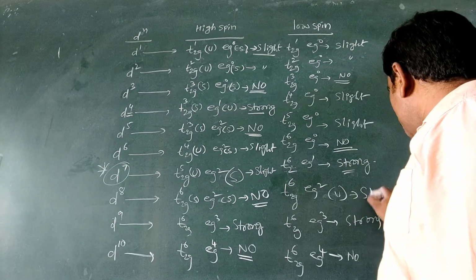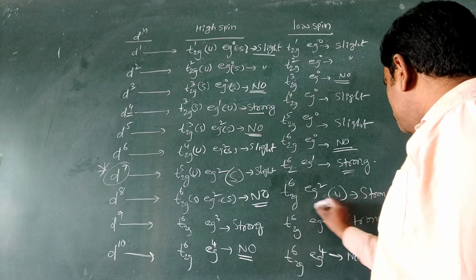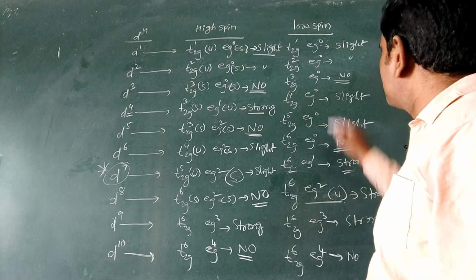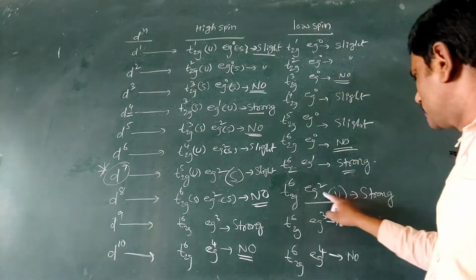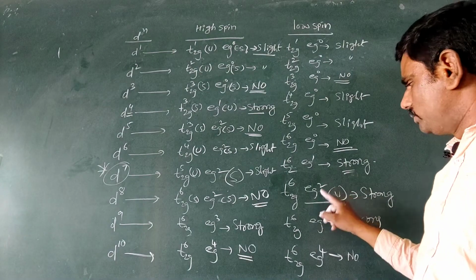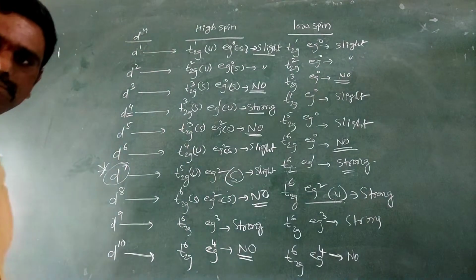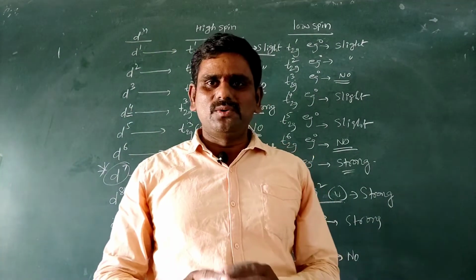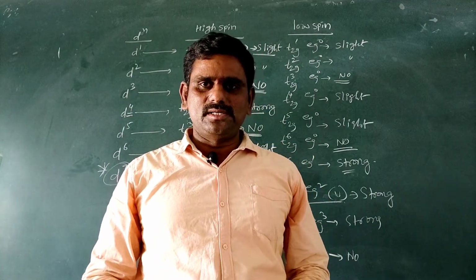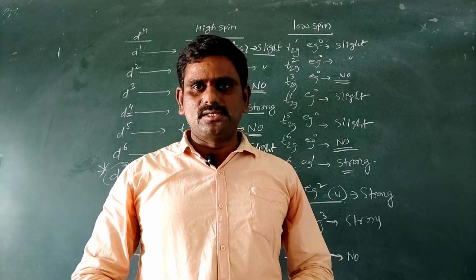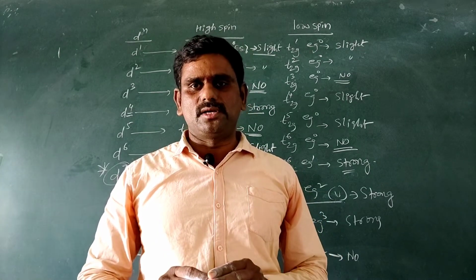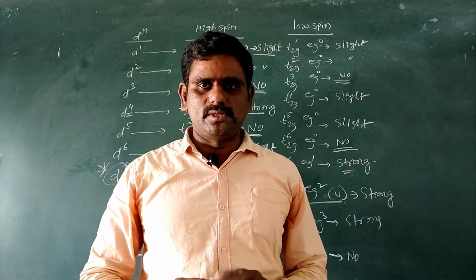Here also strong distortion. Why? Because eg2 is unsymmetric in low spin complex. It is the exceptional case, so you have to remember this point very carefully. This is the way to represent no distortion, slight distortion and strong distortion conditions for the given electron configuration in high spin and low spin complexes.